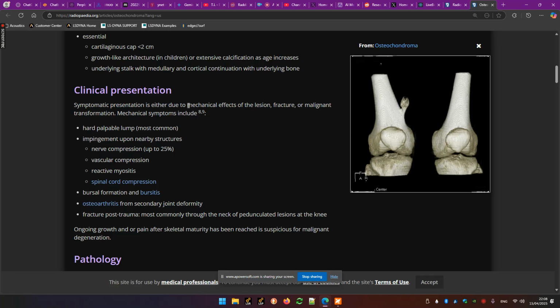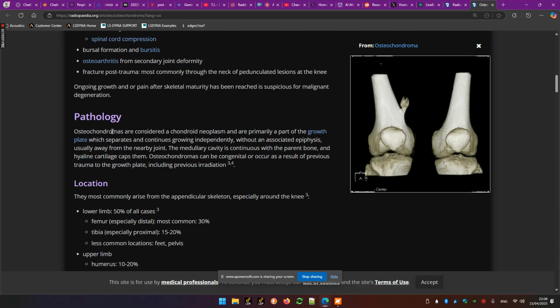Symptomatic presentation is due to the mechanical effect of the lesion, fracture, or malignant transformation. Mechanical symptoms include a hard palpable mass, impingement upon nearby structures, nerve compression, vascular compression, reactive myositis, spinal compression, bursa formation with bursitis, osteoarthritis from secondary joint deformity, and fracture post-trauma, most commonly around the neck of the pedunculated lesion.